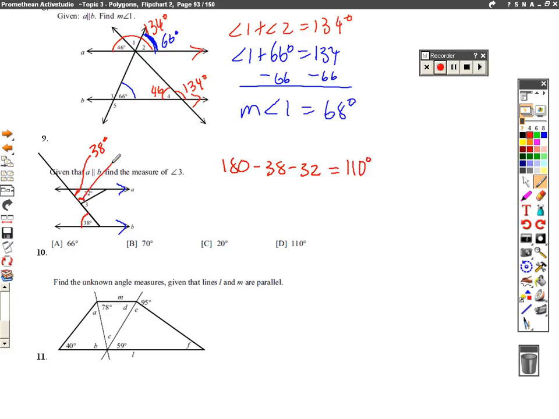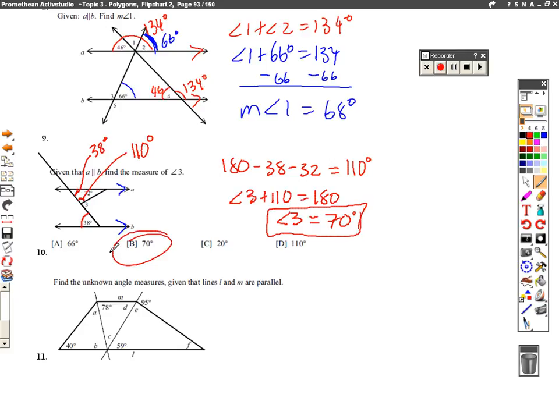This angle right up top is 110 degrees. 110 is right next to angle 3. So angle 3 plus 110 equals a line, 180 degrees. Which means that angle 3 has to equal 70 degrees. And that is option B. Alright, last one for this page.